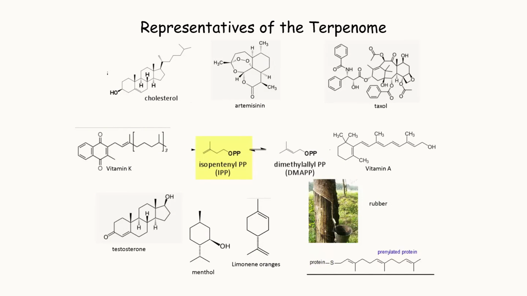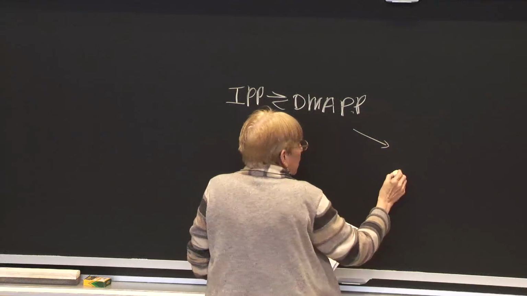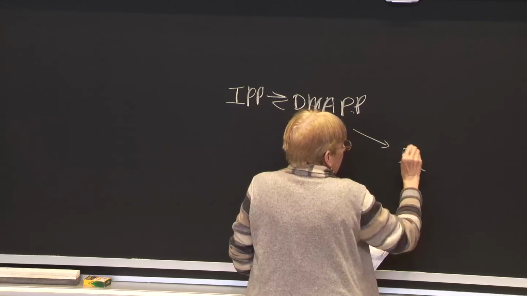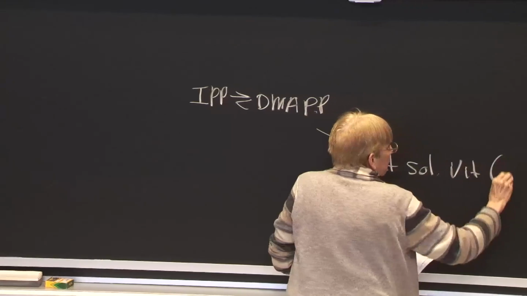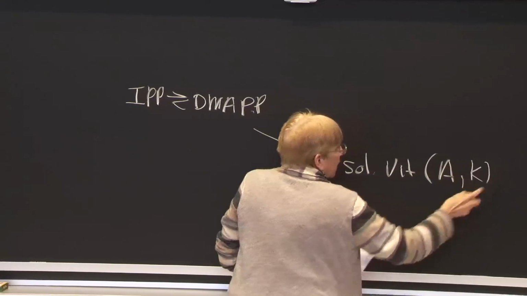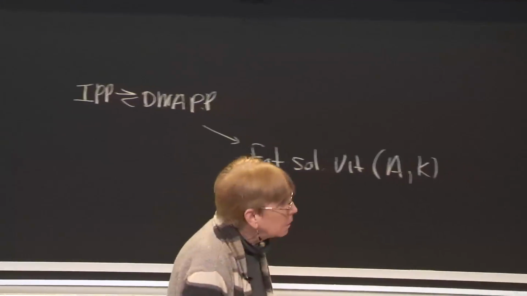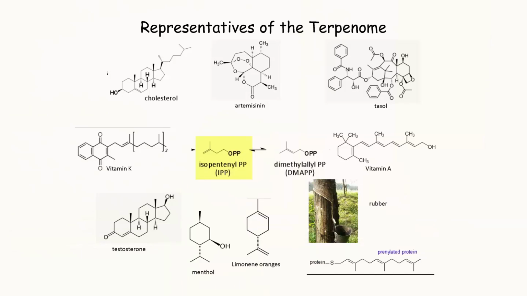Okay, so in the center of everything are these two building blocks. And these building blocks can go to fat-soluble vitamins, for example A and K. So if you look over here, you have vitamin A. I knew this was going to happen.